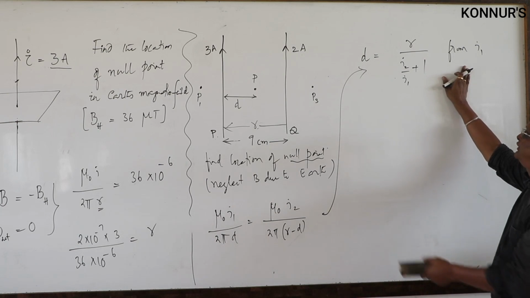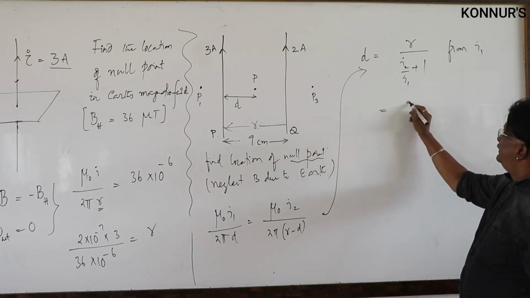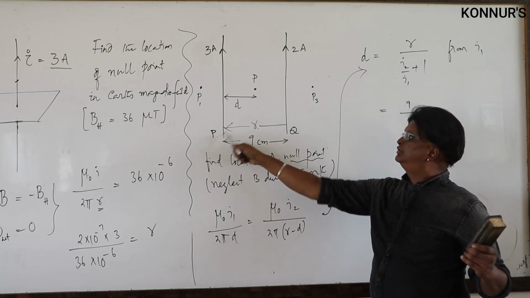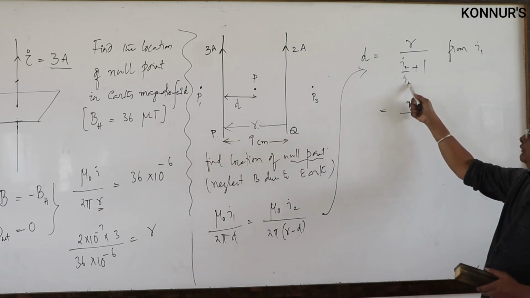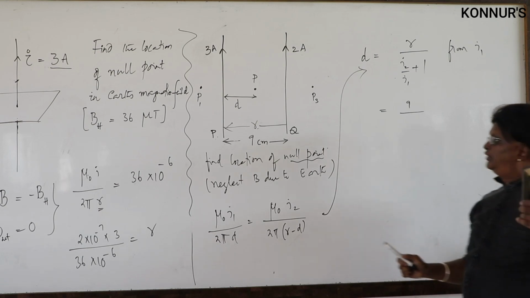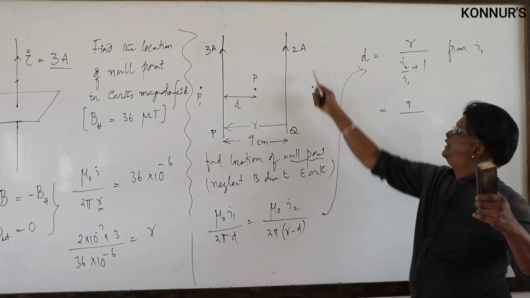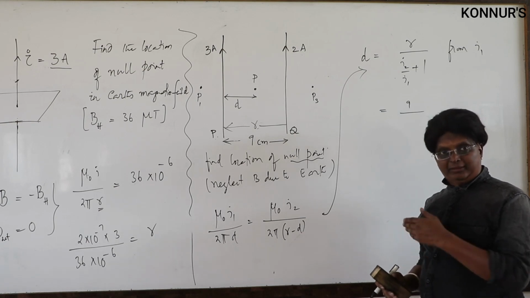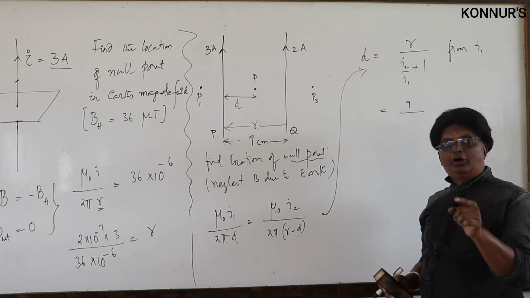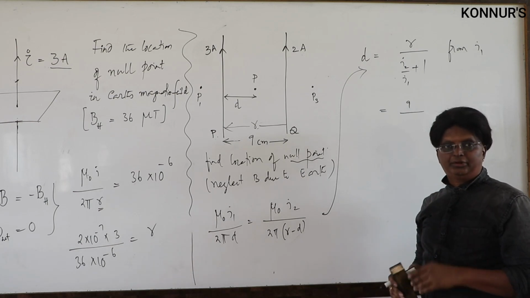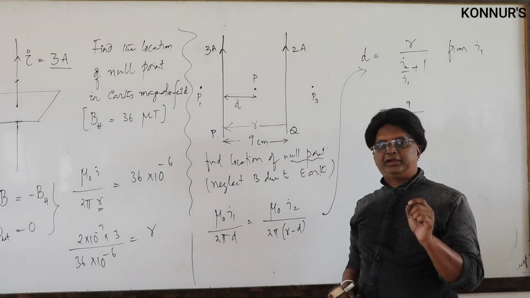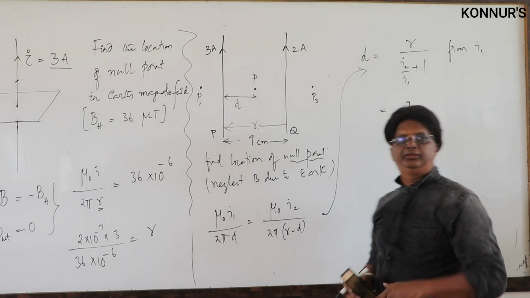Now according to the given example, R is 9 cm. If I am finding the location from P, then I1 is 3 amperes. If you want to find the distance from Q, then 2 amperes becomes I1. Remember, I1 is the current carried by the conductor from which we are finding the distance, not the order given in the example.